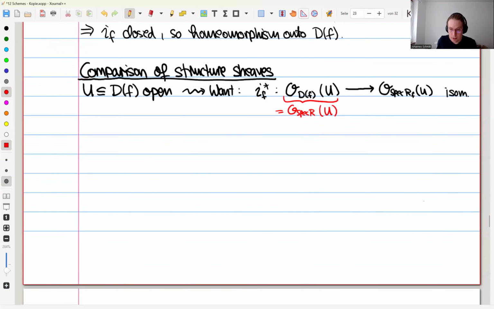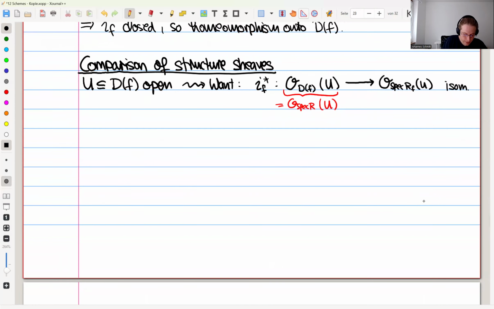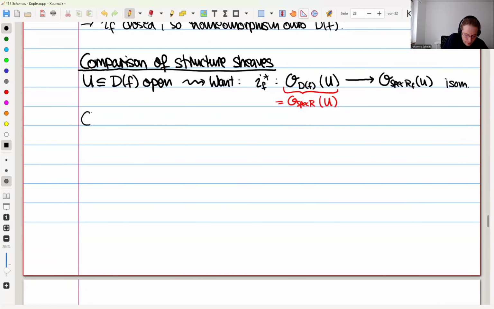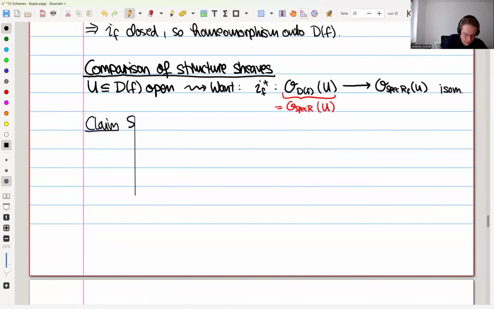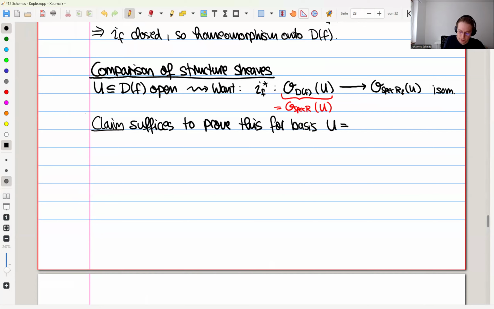And we want to make our life simpler. We don't want to show this for any open set U, but let's observe that it suffices to prove this for a basis of the topology. On Spec R, the basis of the topology is given by the distinguished open sets.